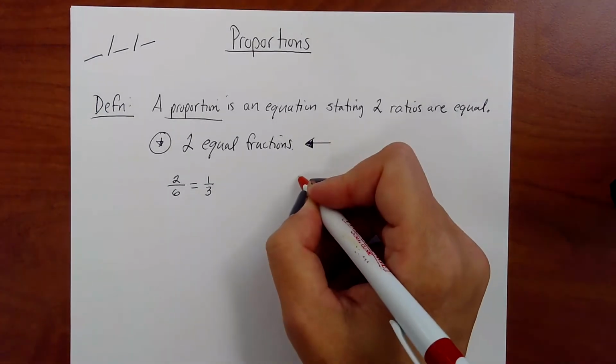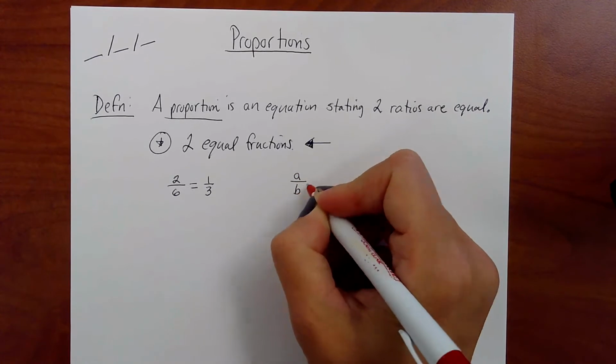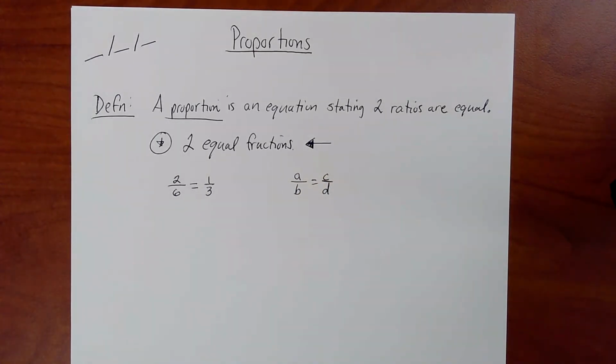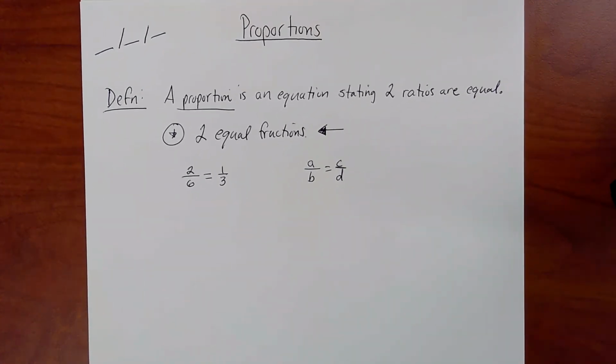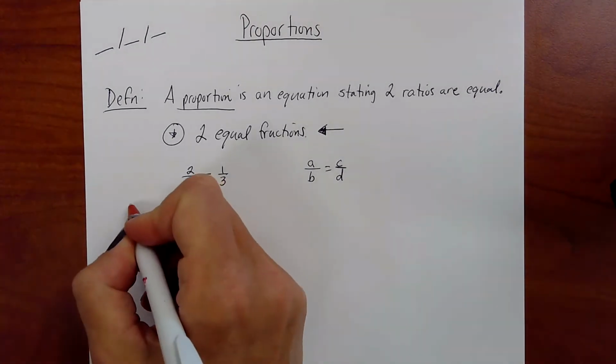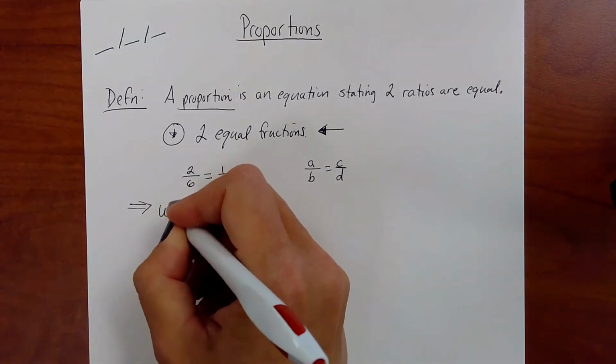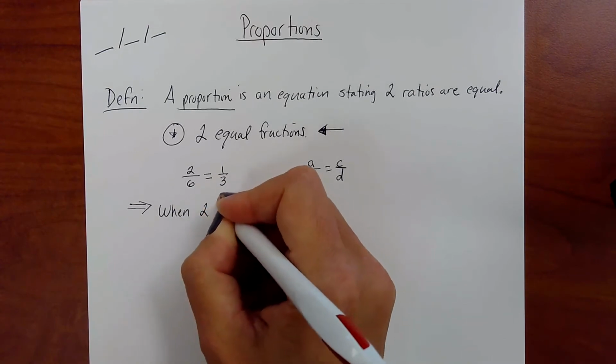If we have letters, you could have variables, and you could set up something like this. Now, there's something cool about two equal fractions, and we're going to write that here.